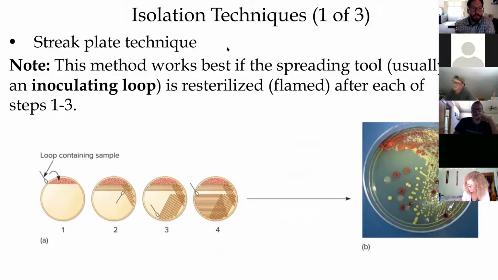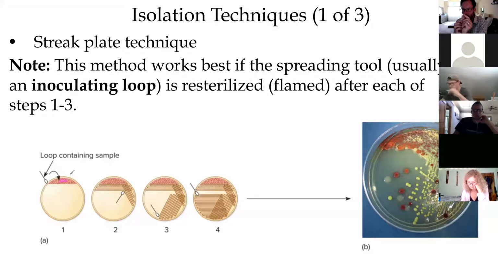What you do is, let me get my annotation here. Usually you get a pipette and you pipette a little bit of the sample onto one corner of the plate right here, okay? And so that pipette has a liquid culture of your bacteria. And so then you take a loop, which is a metal wire.